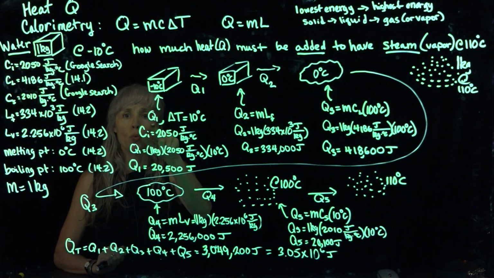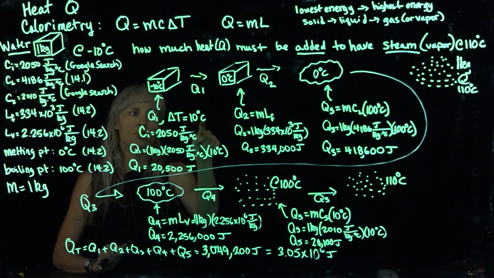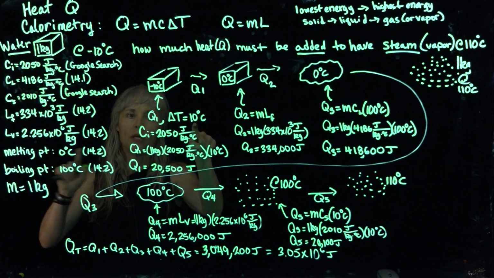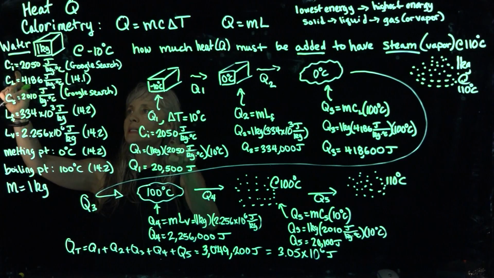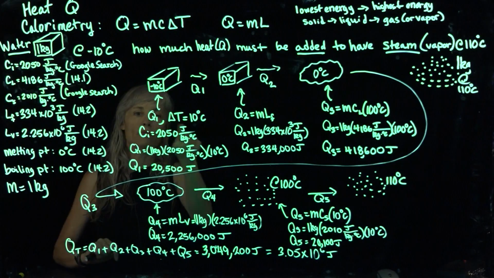So this heat Q1 that I'm going to add to this material is going to correspond to a temperature change to get it to its melting point. It's currently at minus 10 degrees C. I need to change the temperature by 10 degrees C to get it to its melting point, which is 0 degrees C. The specific heat for ice, remember that's a different value than for liquid water, is 2050.